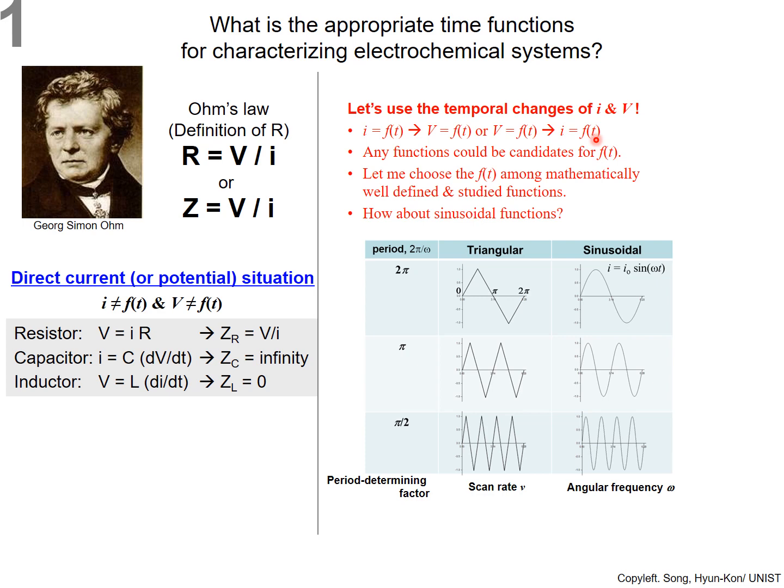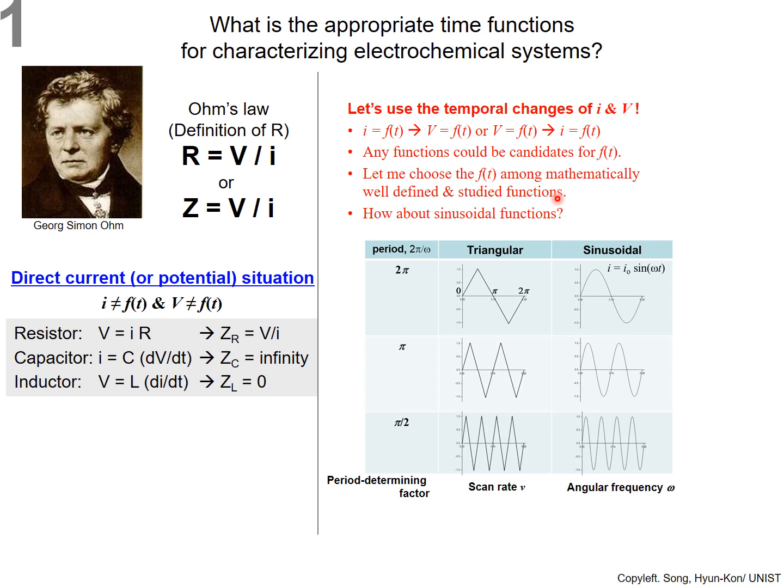So let me change current or potential with time. Any functions could be candidates for function of time for current and voltage. But maybe we'll try to choose the function of time among mathematically well-defined and well-studied functions.